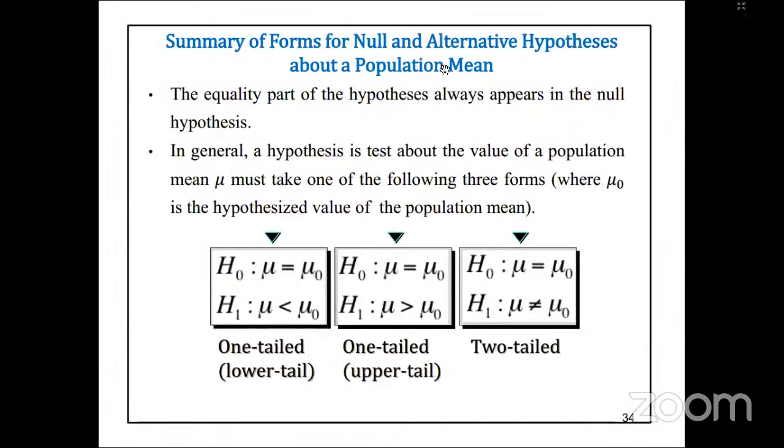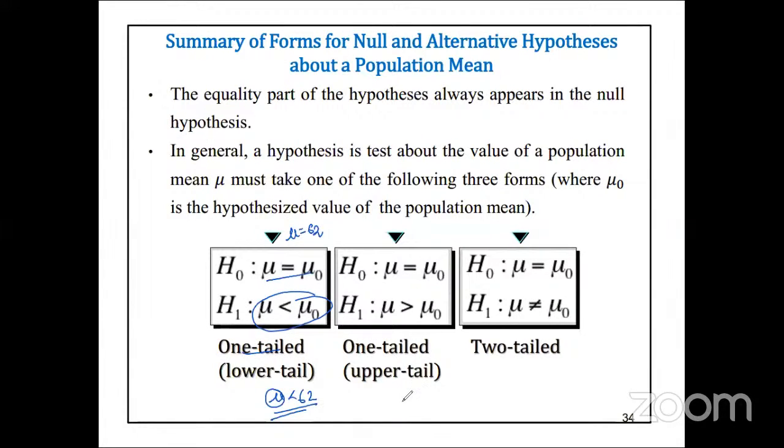Now, once again, let us come back to our hypothesis. Suppose mu is the mean weight of female students, and it is 62. Your alternative hypothesis can be mu less than 62, that means the mean weight of female students in my class is less than 62. So this is a one-tailed hypothesis.